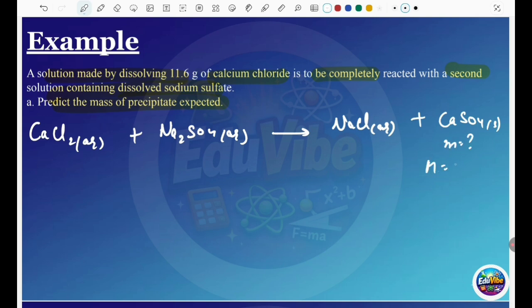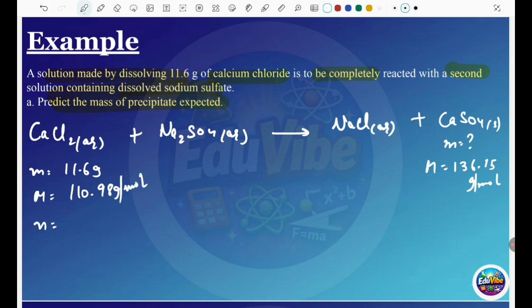The molar mass of CaSO4 is 136.15 grams per mole. The CaCl2 mass is 11.6 grams, with a molar mass of 110.98 grams per mole.